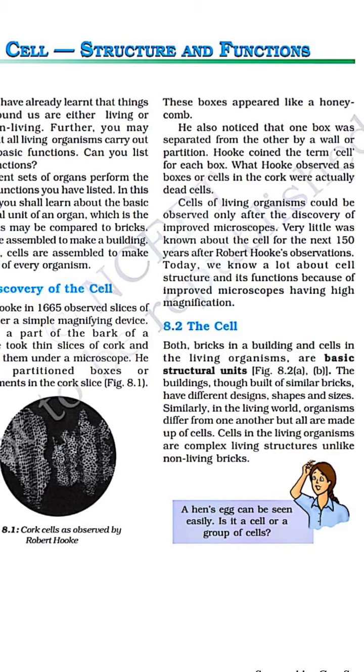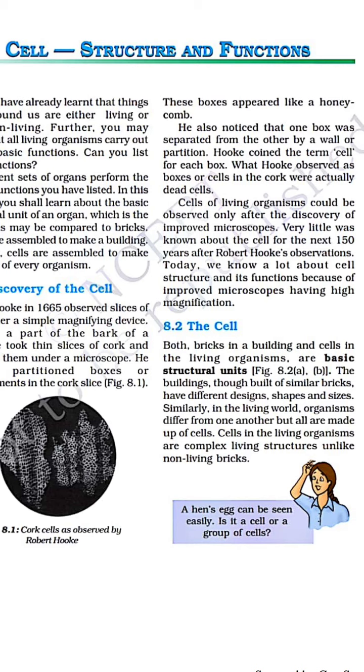Like each and every room of our houses is separated from the others with the help of a wall, similarly the compartments of the thin cork slice were separated, and he observed this separation as a wall. So he named those compartments or partitioned boxes as the cell. He coined the name of this small compartment as the cell.